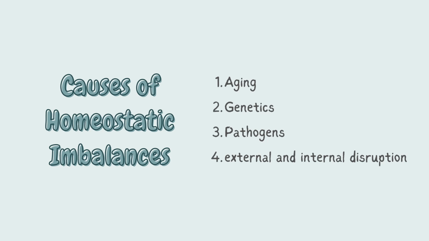And lastly are external and internal disruptions. Examples of external disruption are hot weather, lack of oxygen, or toxins, while an example of internal disruption is a fall in blood glucose level when we forget to eat enough over a long period of time.